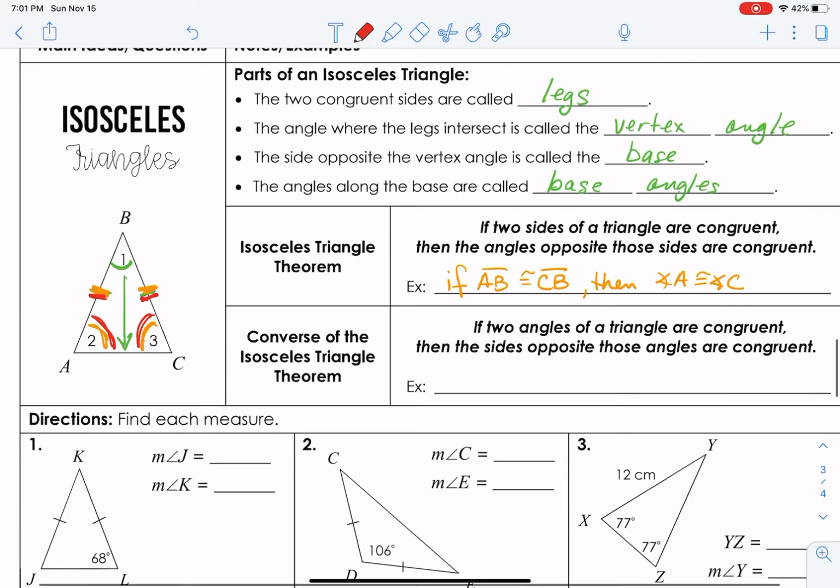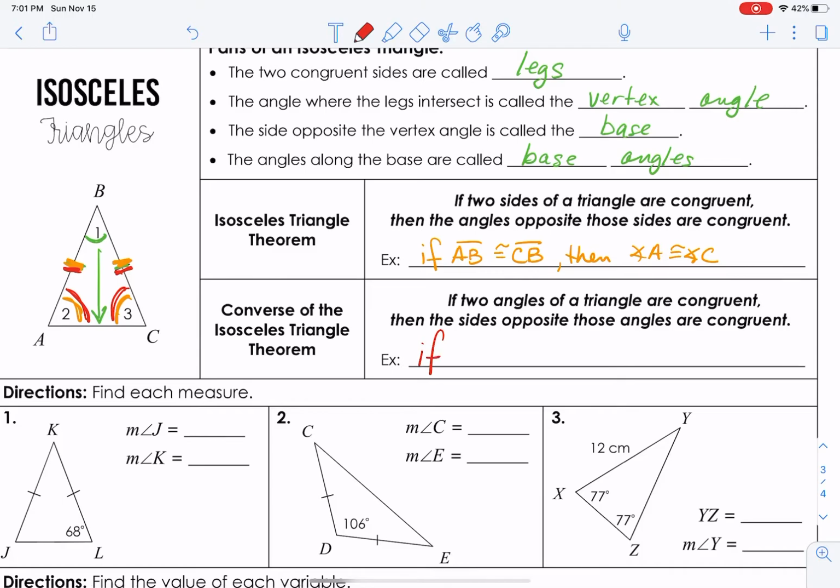So then I can state that if angle A is congruent to angle C, then I know that AB is congruent to side CB.